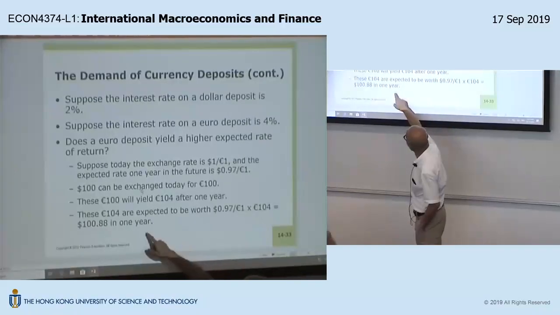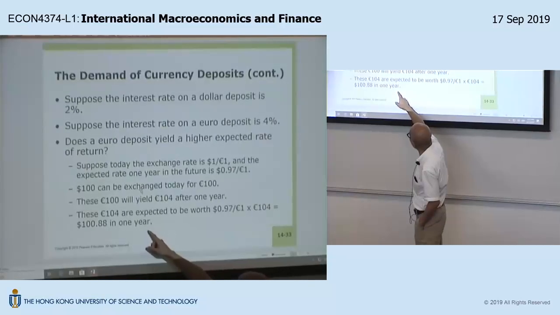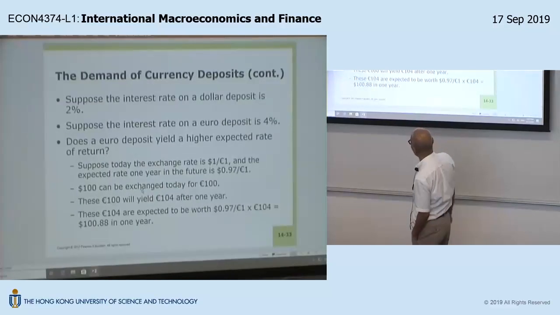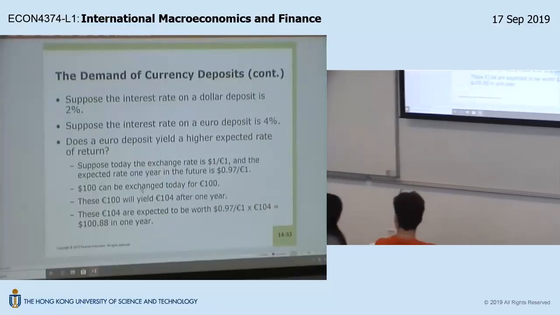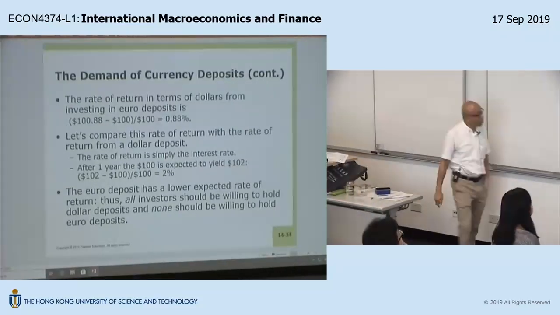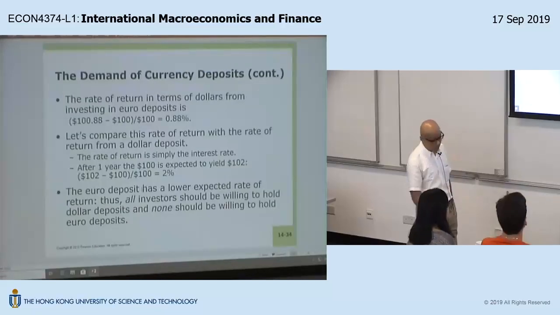So after 1 year, you can convert the euro back to dollar and get this amount. But obviously you compare this with the $102 you get if you put it in the US dollar deposit. So the euro deposit has a lower expected rate of return.